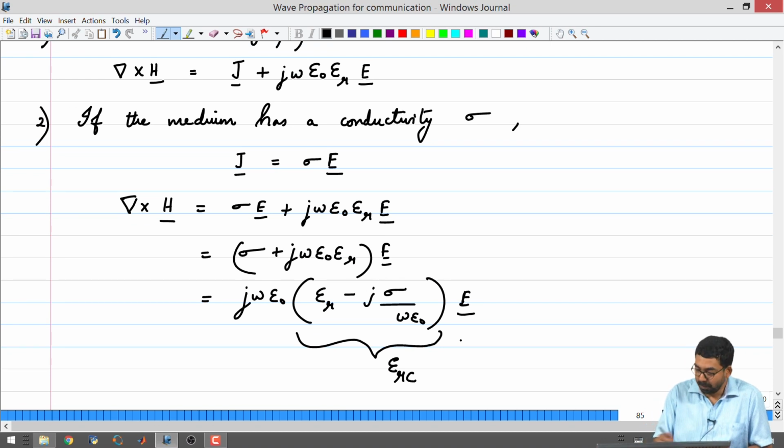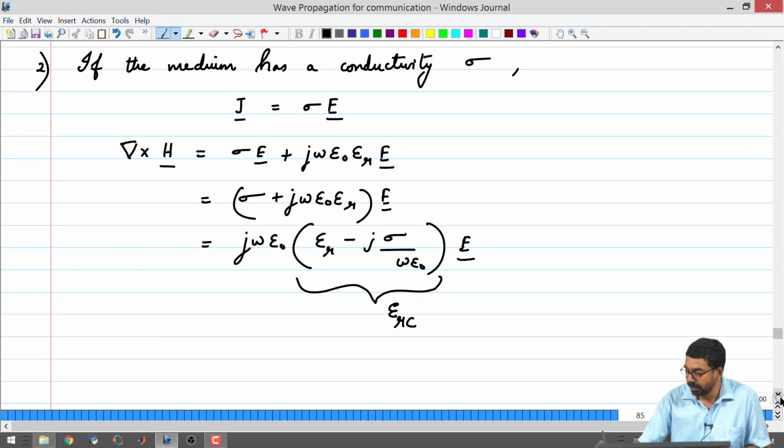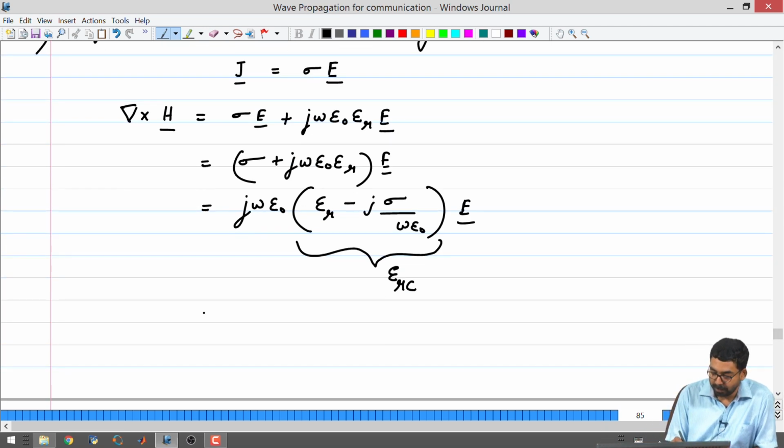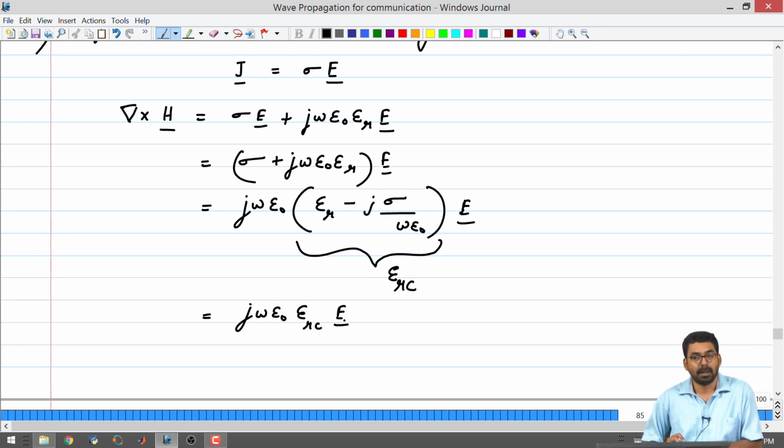Then the way you write the equation becomes similar to the way you were writing prior to inclusion of J. So, you can write this as j omega epsilon naught epsilon r c. It is just a simpler way to write the curl equation. It resembles the original equation, except that we have suffixed a c for the subscript of epsilon r. So, now this term needs more attention.